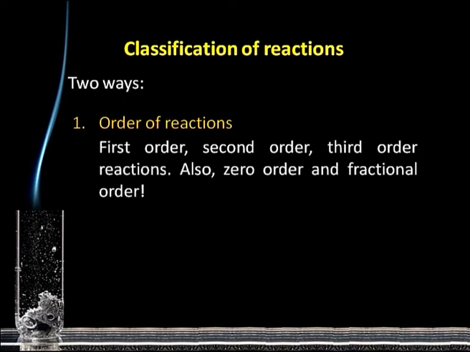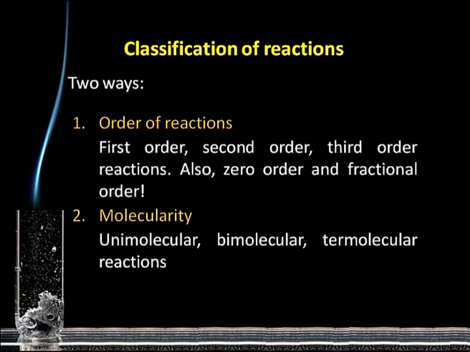The first way is in terms of order of reaction. This word order is actually borrowed from mathematics, where the differential equations are classified as first order, second order, third order, etc. Since our rate laws are differential equations, we can safely use the terminology here to classify the reactions in terms of order, that is first order, second order, third order reactions.